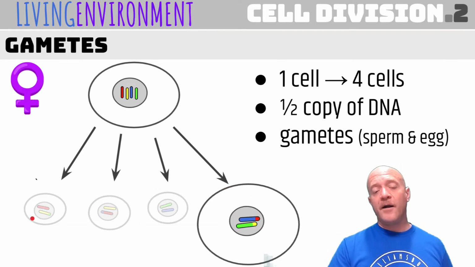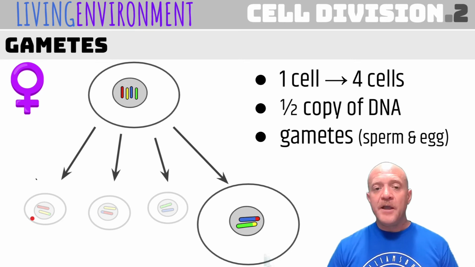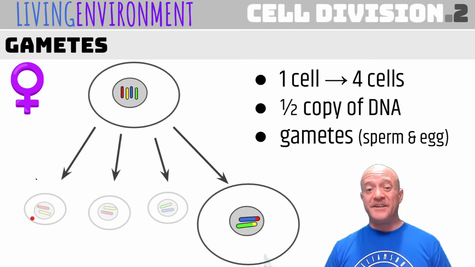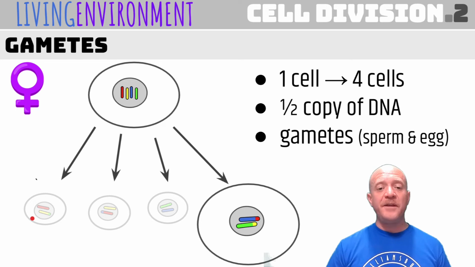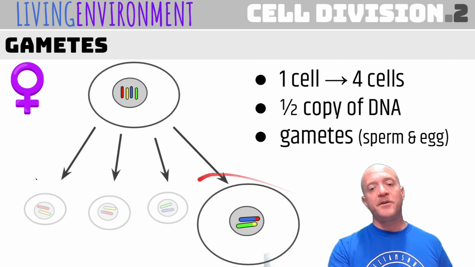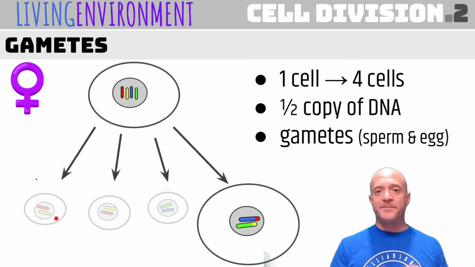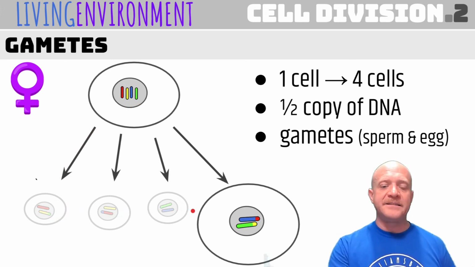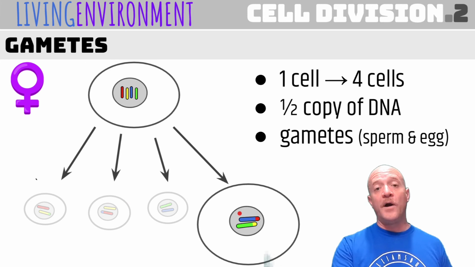So in a female, what happens is you're going to get 1 meiotic division, and 3 of these will actually not fully form, and they are called polar bodies. You don't have to know that for the regents, but you're going to get 1 egg from a meiotic cell division. Basically what they're doing is putting all of the cytoplasm, all of the energy into forming 1 egg cell.